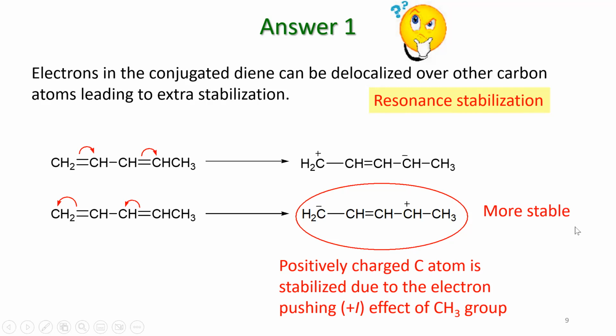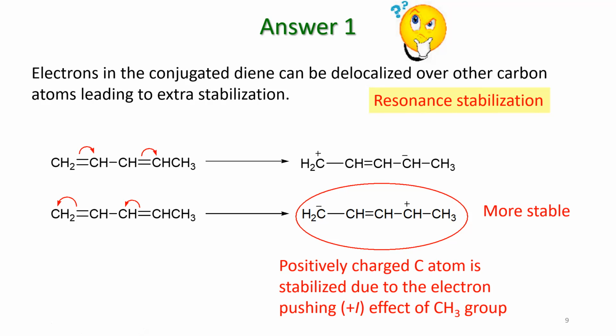Why? Can you give me the reason? Positively charged, it is more stable because the positively charged carbon atom is stabilized due to the electron pushing effect of the CH3 group, the alkyl group. You can see an alkyl group is attached here. You know, alkyl groups, by definition, push electrons, right?